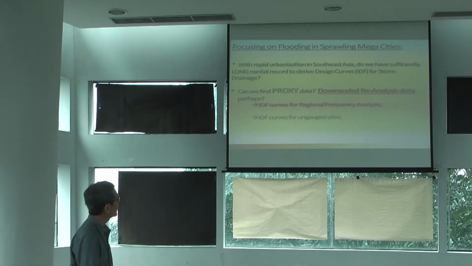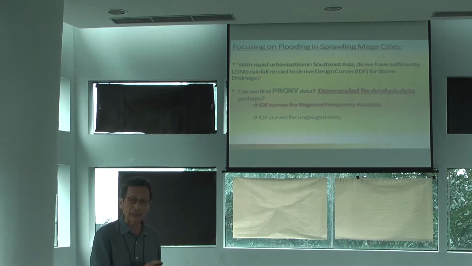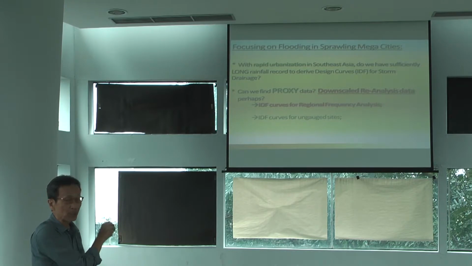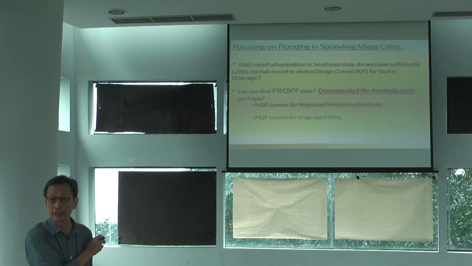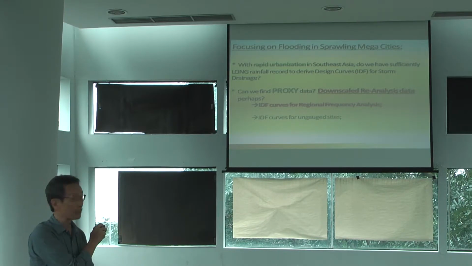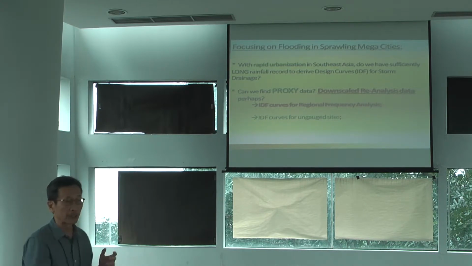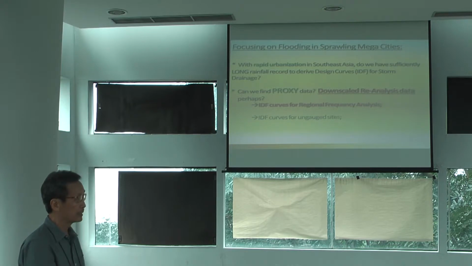Okay? I'm focusing, as I said, on the floods. Now, again, here I'm looking at the proxy. The proxy meaning substitute in this case. Okay? So where is the proxy data coming from? I'm suggesting one of them is coming from the downscaled reanalysis data.